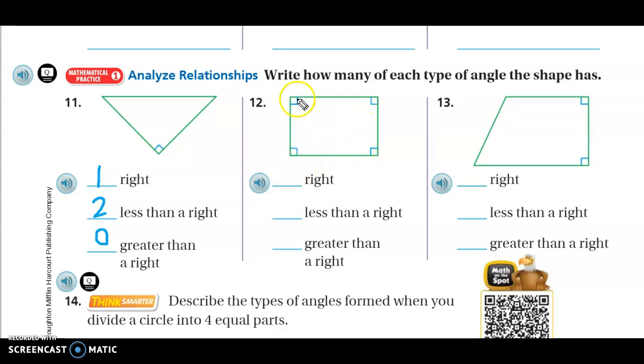The rectangle actually has 4 right angles, which means that there's 0 less and 0 greater because there are only 4 angles in a quadrilateral. Our trapezoid over here, we have 2 right. We have 1 that's less right there. And we have 1 that's greater.